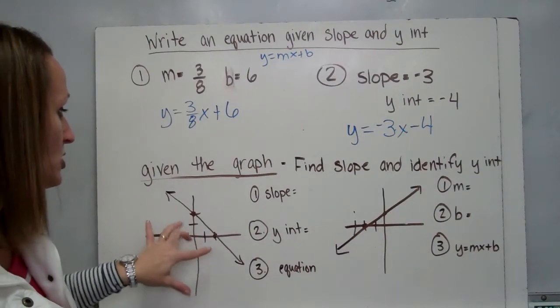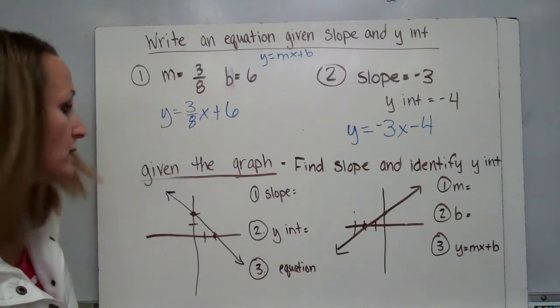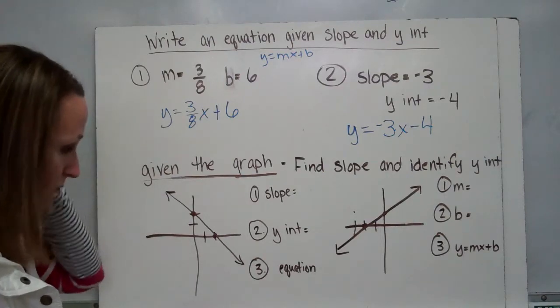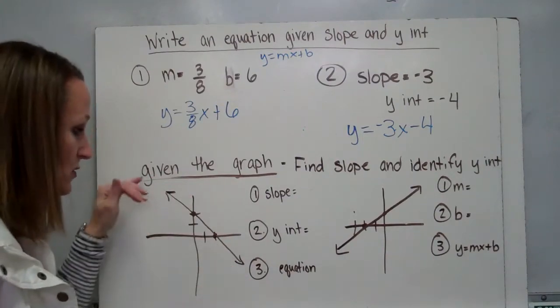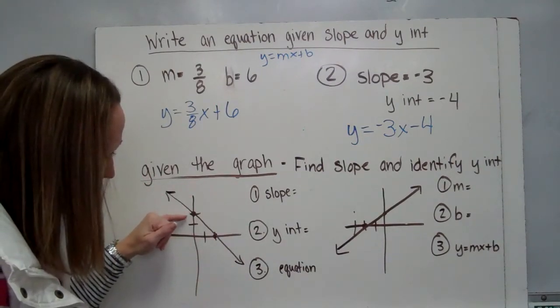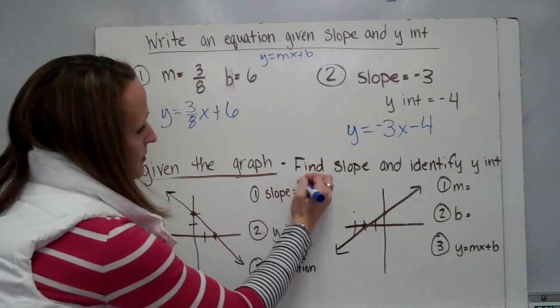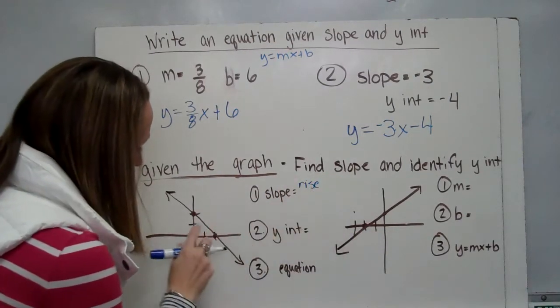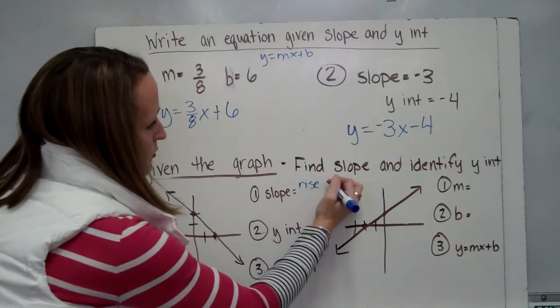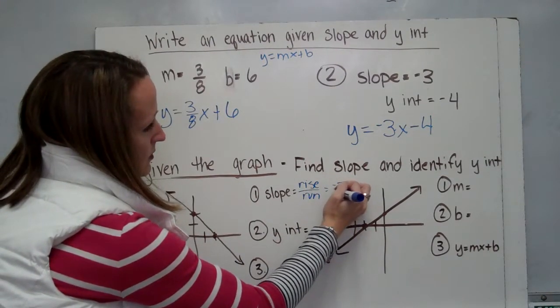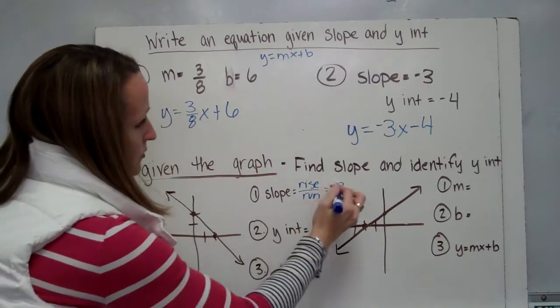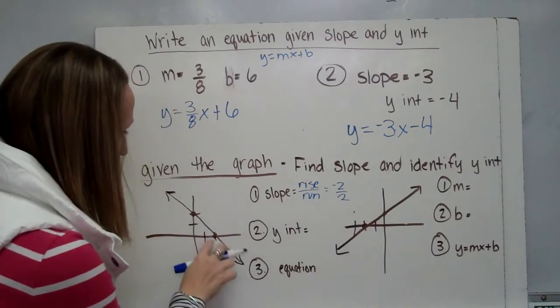Well, here's my graph. First I can identify my slope doing rise over run. So I find my 2 points. This one is negative. Remember, it's going down the mountain. So this has a rise of down 2, down 2 over 2. Has a y-intercept.